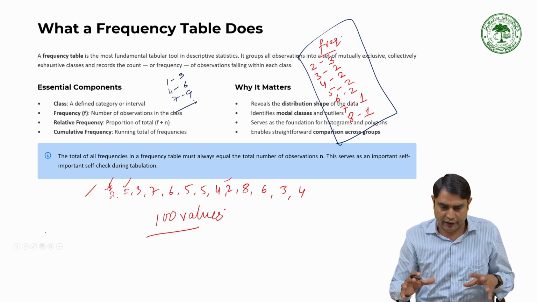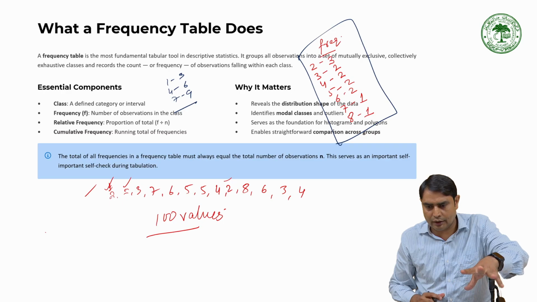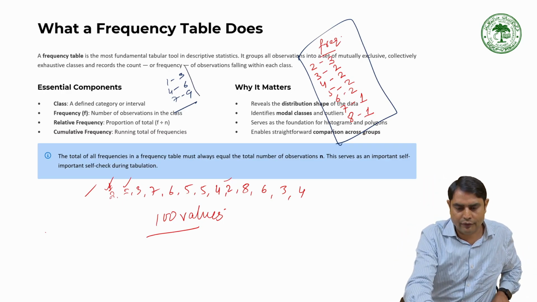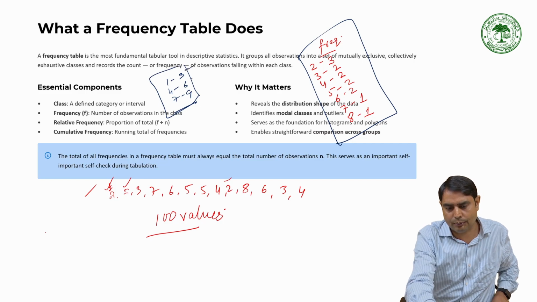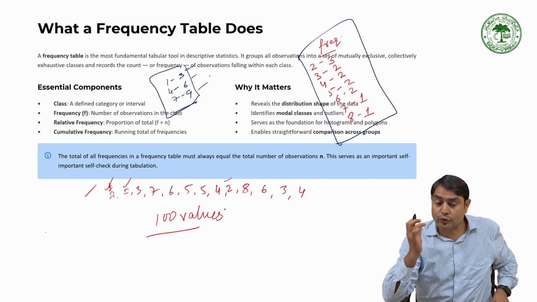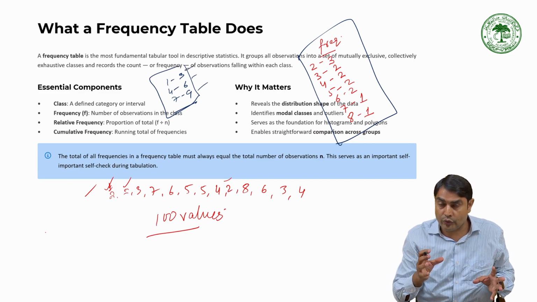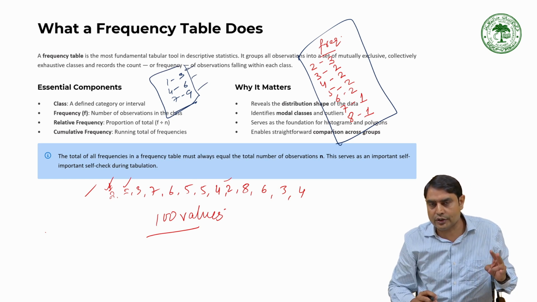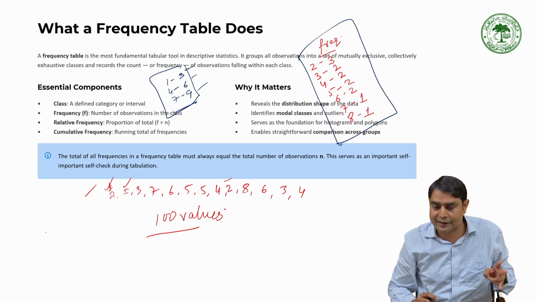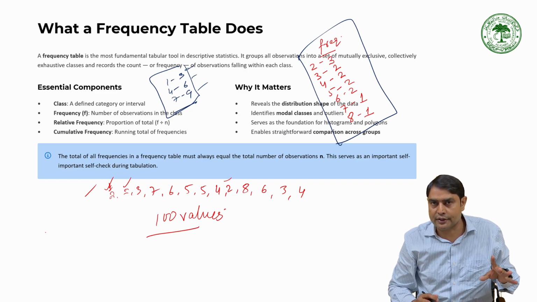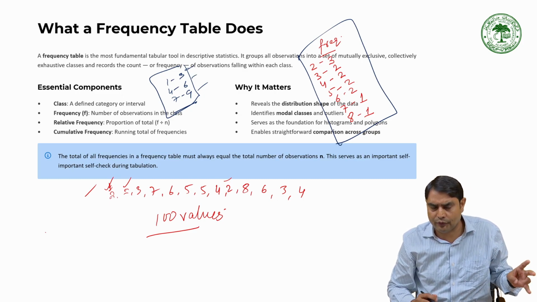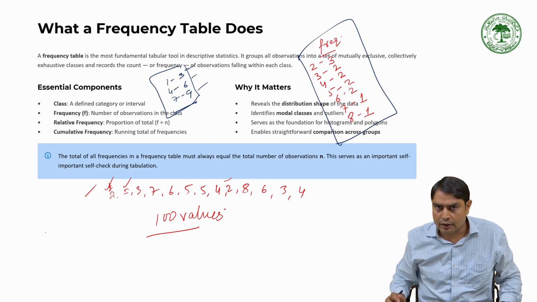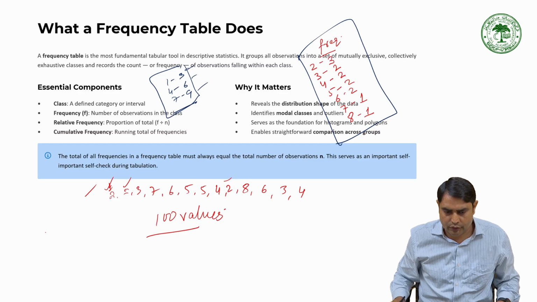And then I can combine the frequencies of 1, 2, and 3, and put it in this range. So I have just created a class interval or range, and I'm putting all the values falling in this range of 1 to 3 here, and the values falling in the range of 4 to 6, like 4, 5, 6, even 4.5, 5.5, in this range, and similarly all the values between 7 and 9 in the last range of 7 to 9.